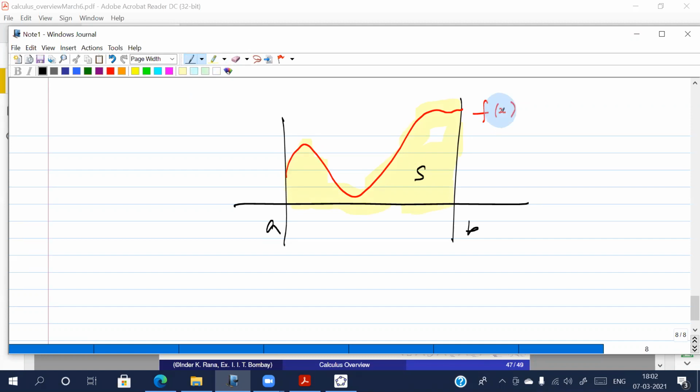So the idea would be, as I said in the beginning, breaking into smaller parts. Let us break this interval a b into small parts. Call the points x1, x2, and x3.